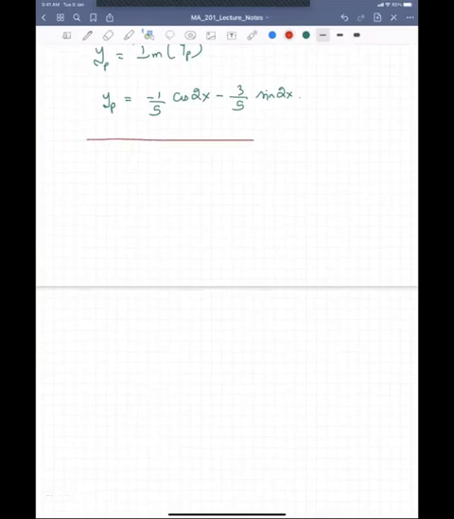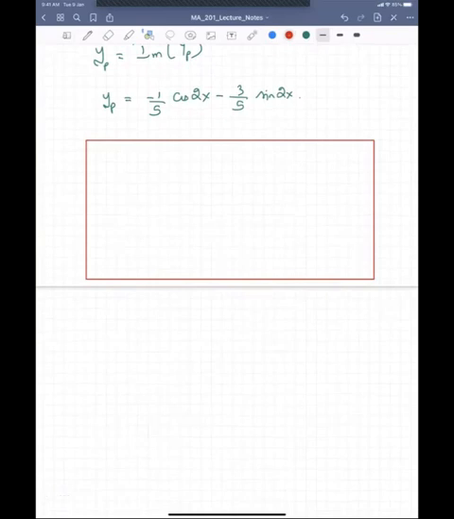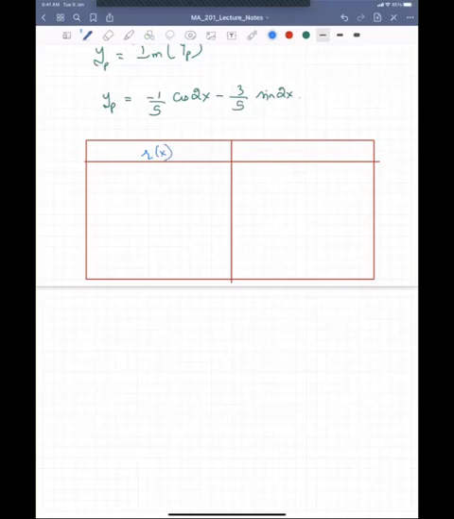So this is r of x, and this is the corresponding yp.